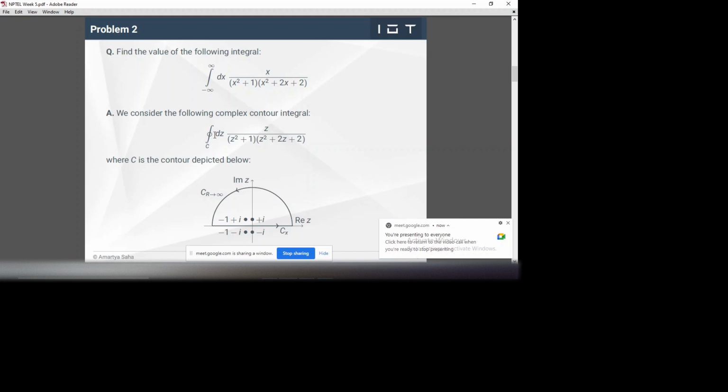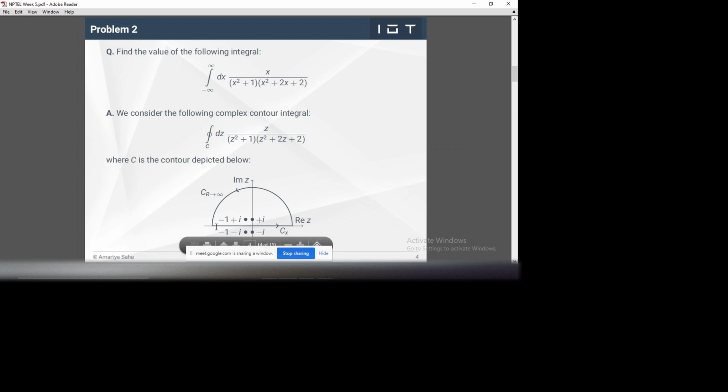We will be doing this complex contour integral over a closed contour, and the contour that we will consider is depicted here. Let us look at this contour carefully. This is real z, the x-axis. Imaginary z is the y-axis, and this is our contour.